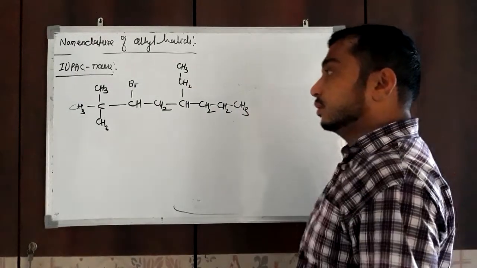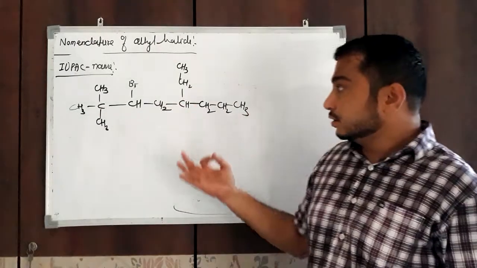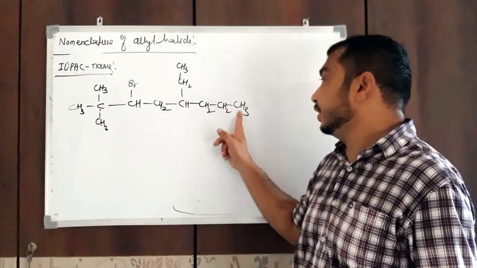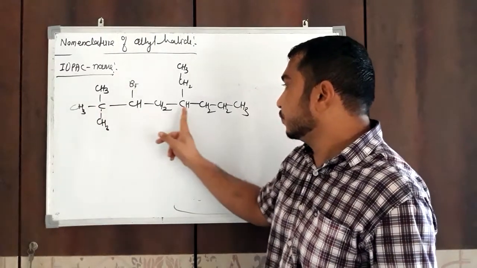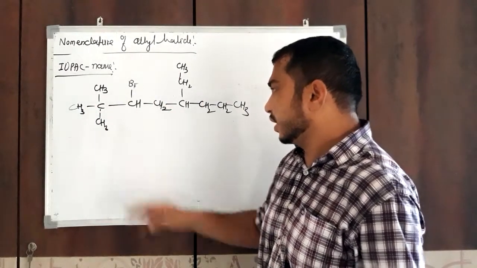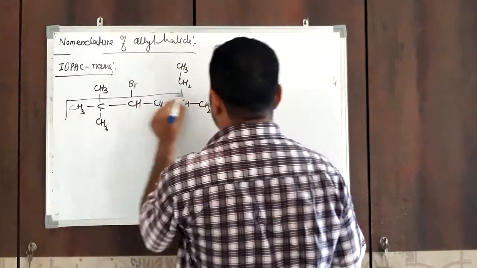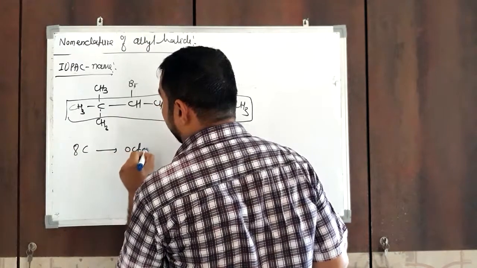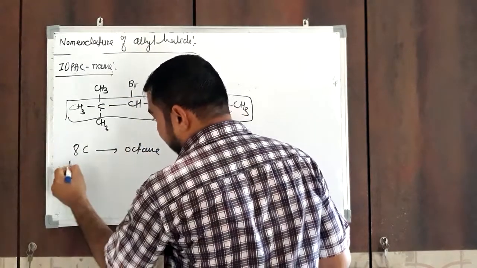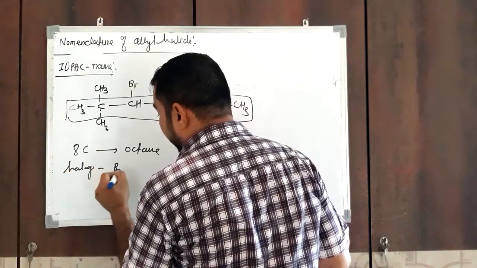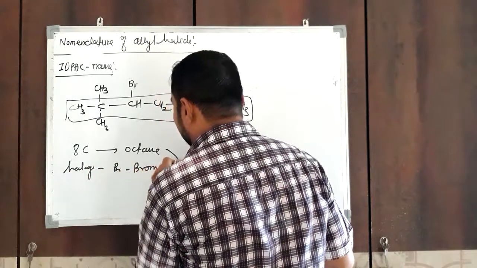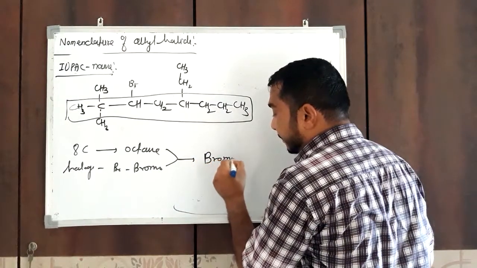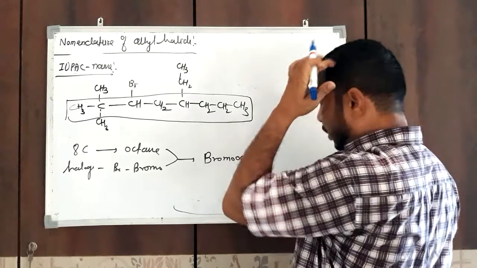Now, same rule: select the longest chain, 1, 2, 3, 4, 5, 6, 7, 8. So the longest chain is of 8 carbon atoms. 8 carbon means octane. In this example the halogen atom is bromine, that is bromo. So the parent name is bromooctane.